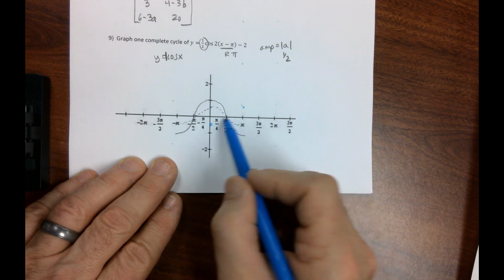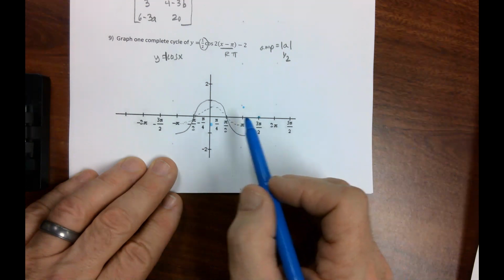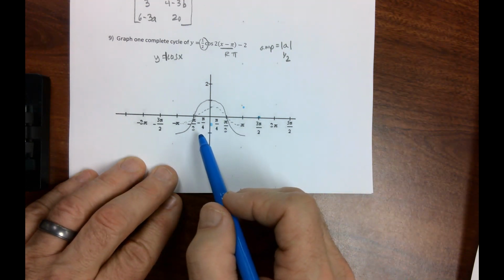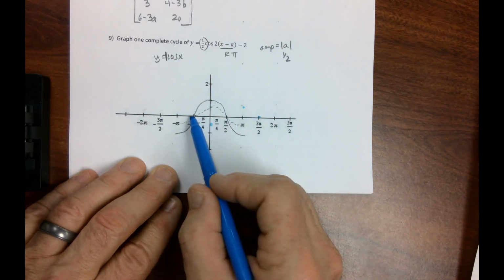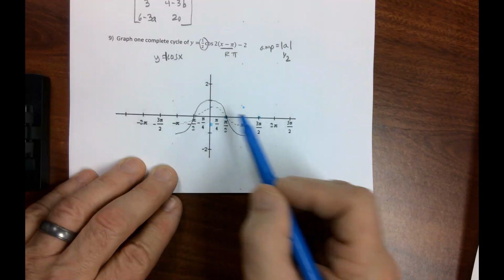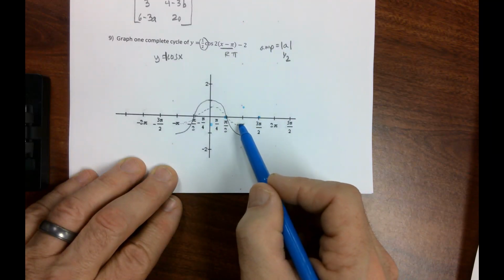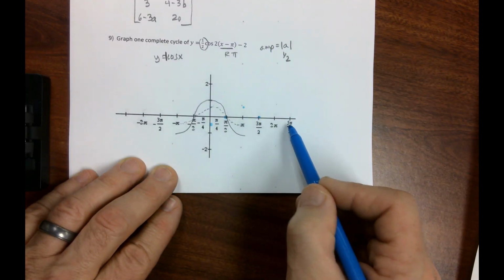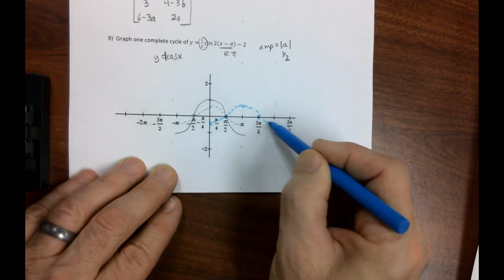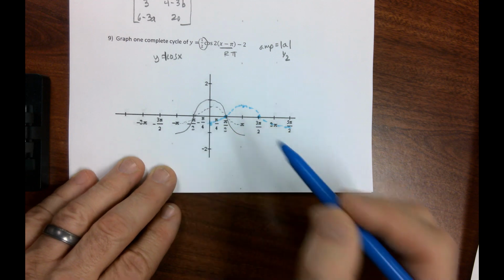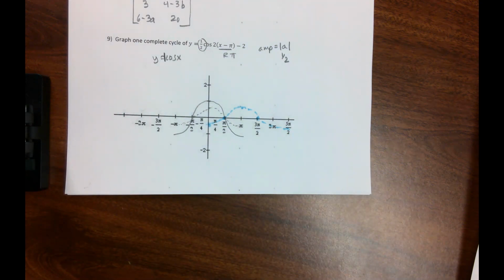I guess this 0 could move over too. That 0 could have moved right here. And then this low spot could have gone right here. So we literally just moved it over pi. Tried to anyways, looks pretty good.